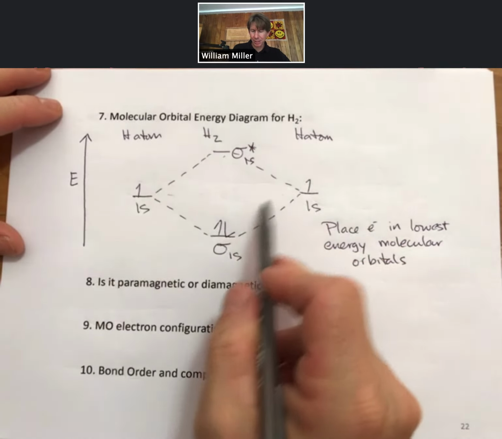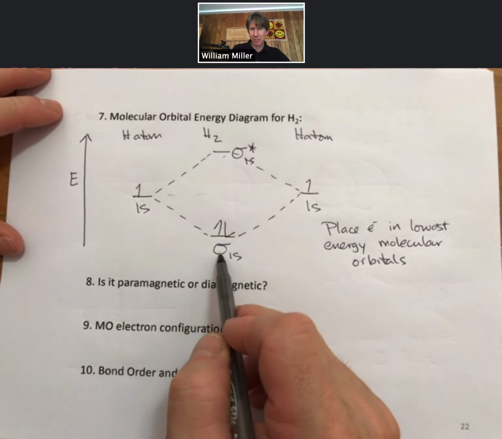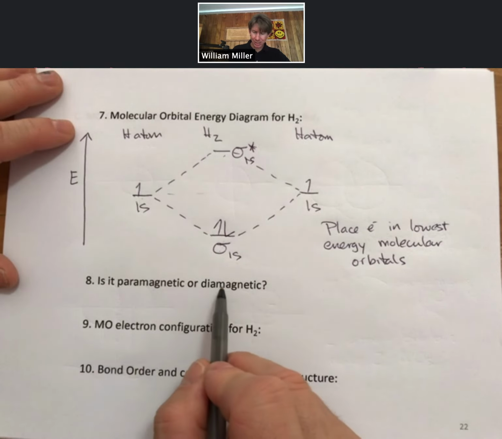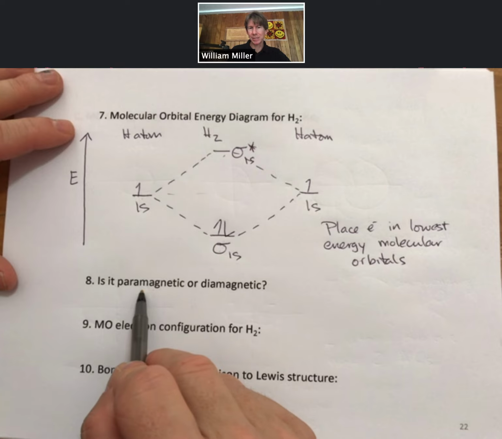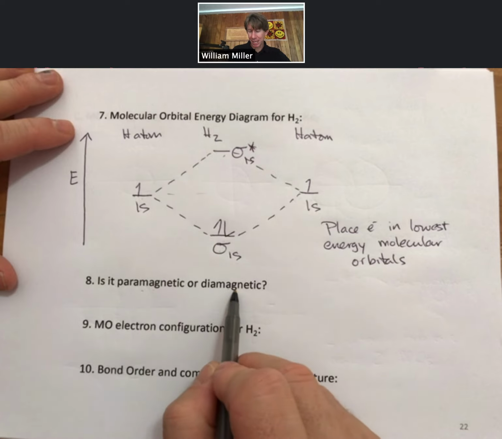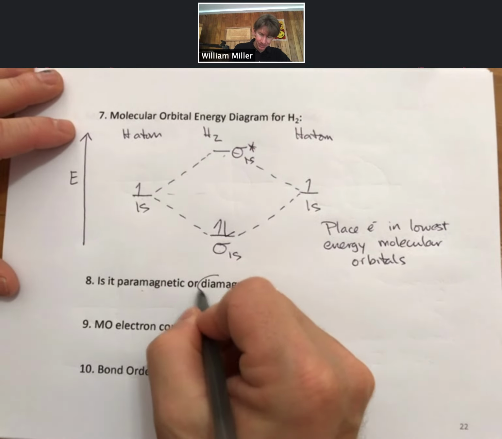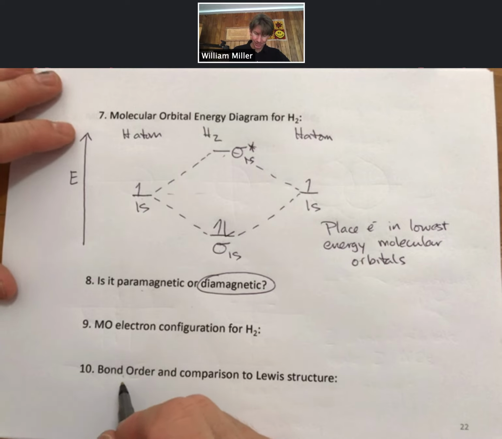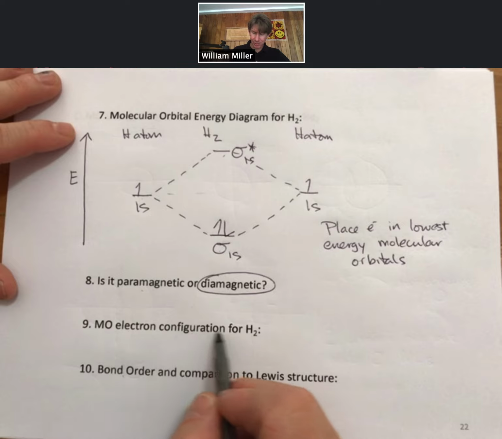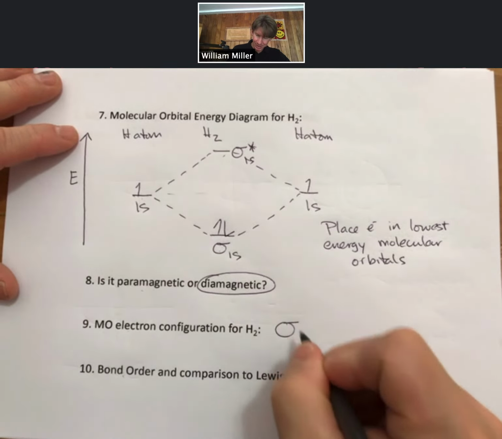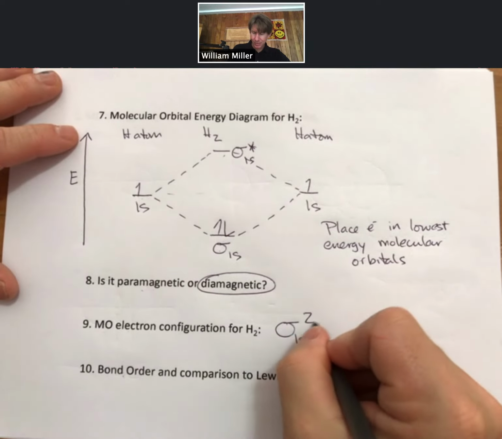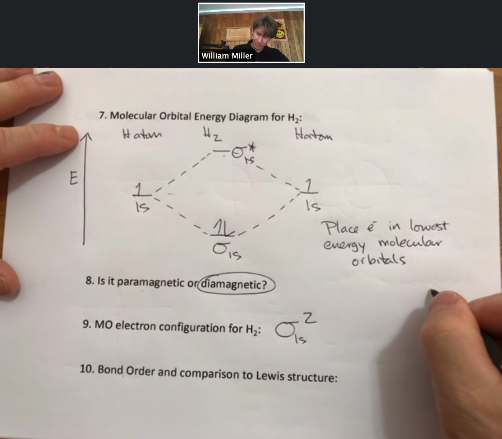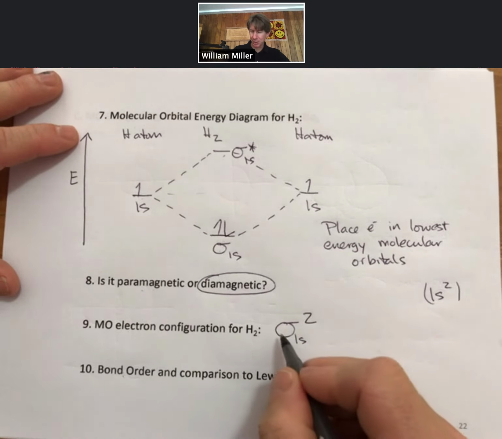So we'll put both of these electrons in the bonding sigma 1s molecular orbital. And we'll ask a question, is it paramagnetic or diamagnetic? Remember, paramagnetic means at least 1 unpaired electron. Diamagnetic means all electrons paired. We see that for hydrogen, H2, all electrons are paired. The molecular orbital electron configuration for H2 would then be sigma 1s 2. And so similar to what we had previously drawn, which was just 1s2, now we get sigma 1s2.